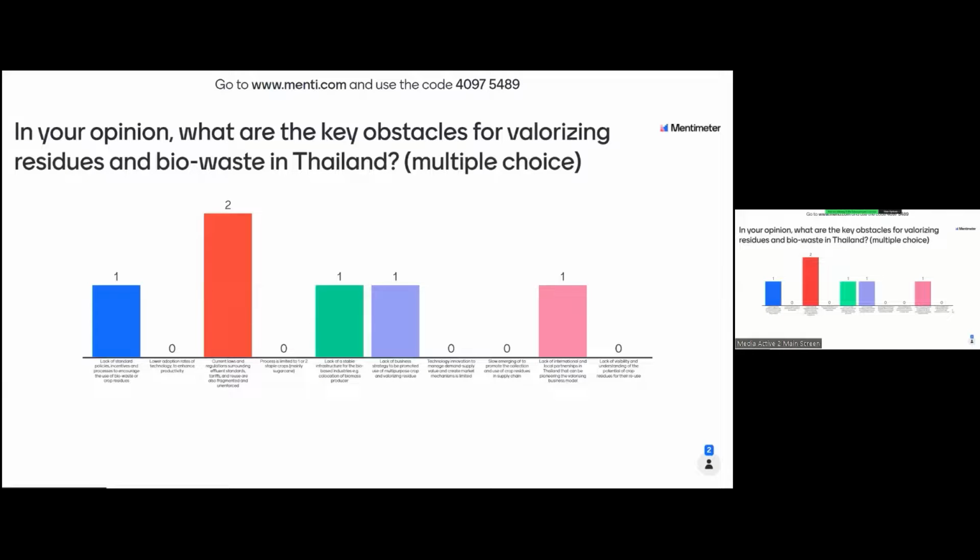In this question, we are wanting your opinion on understanding what are the key obstacles for valorizing residues. While we'll talk a little bit about valorizing in the next section, what do you think are the key obstacles for reusing of waste from the bio-based industries and diverting it back to biorefineries as a feedstock?